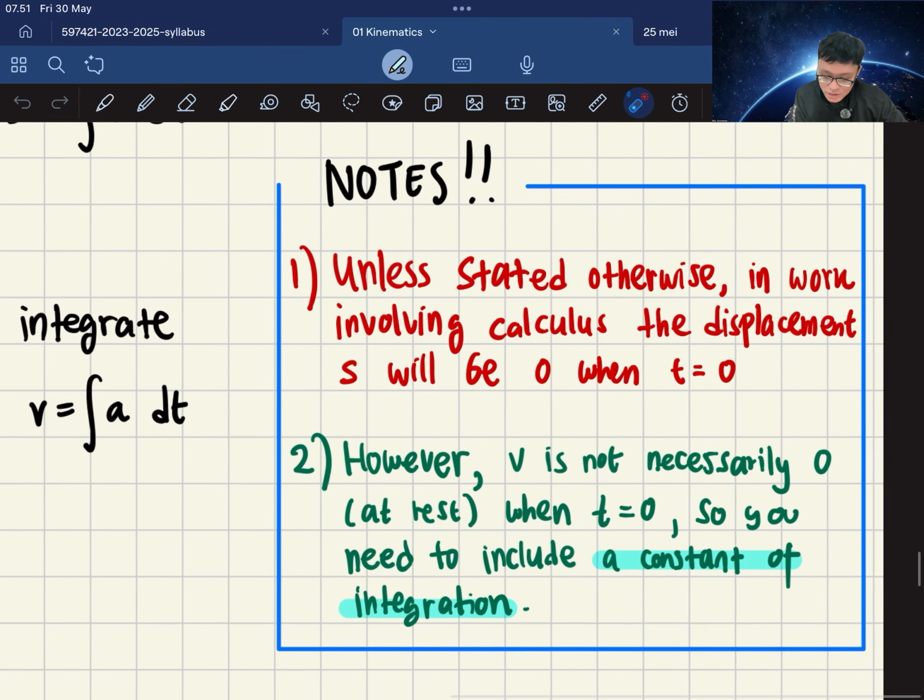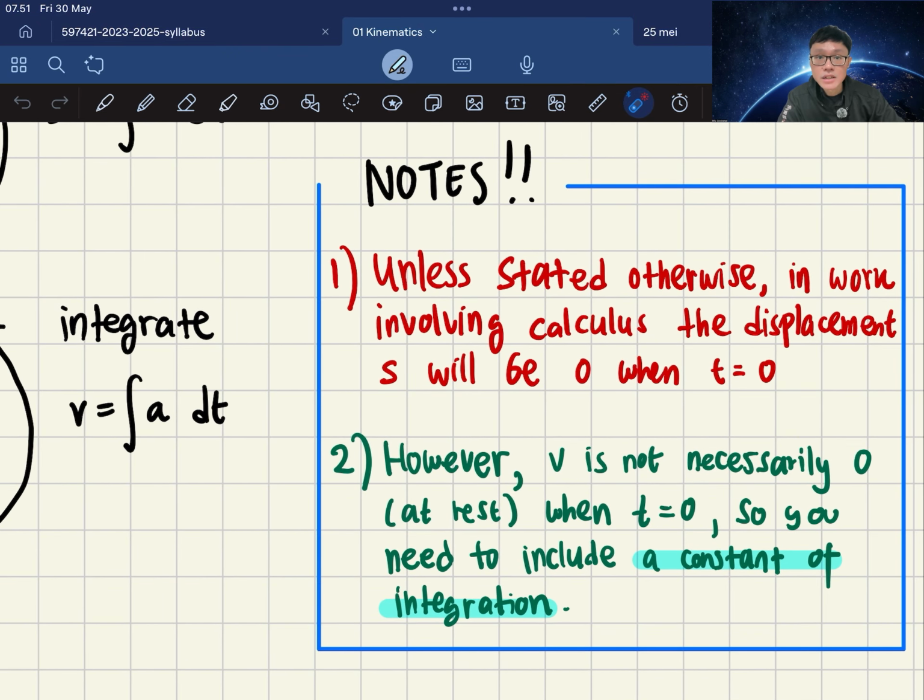Okay, some notes that you need to pay attention when you deal with the problem later. Unless stated otherwise, in work involving calculus, the displacement s will be 0 when time is 0. Sometimes the question does not tell us the initial displacement of the object, but we assume that the displacement will be 0 initially.